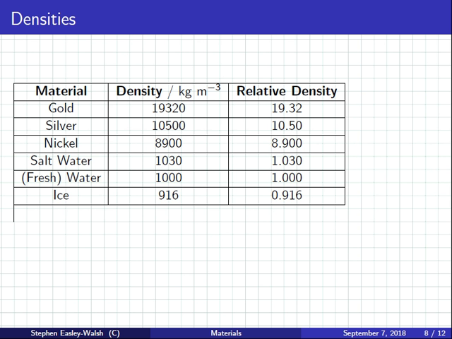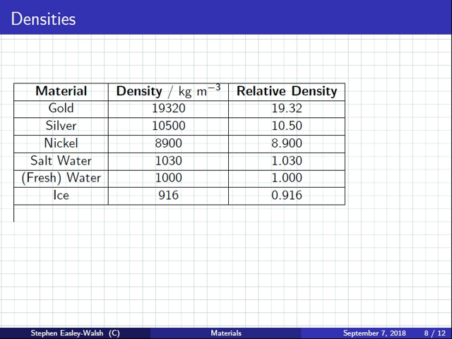Now that's interesting. You can see that's a lot less than fresh water, about 9% less. So you see here the S is less than 1. This means the ice floats, because it's less than 1 for the relative density. But ice always sinks in the water?